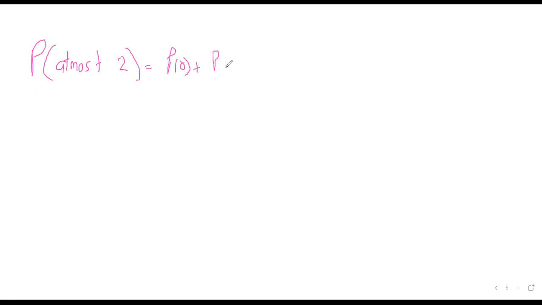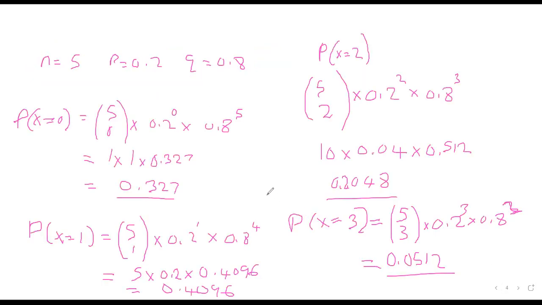The one we solved before was exactly 3, finding the individual probabilities of 0, 1, 2 and 3. Now this one is at most 2, so you need to find the probabilities of each of these and add them. At most 2 means 2 and below. At least 2 means 2 and above. So find the probability of at most 2.